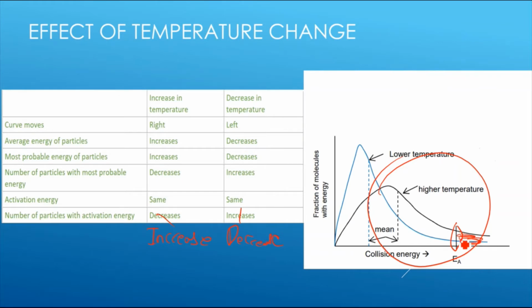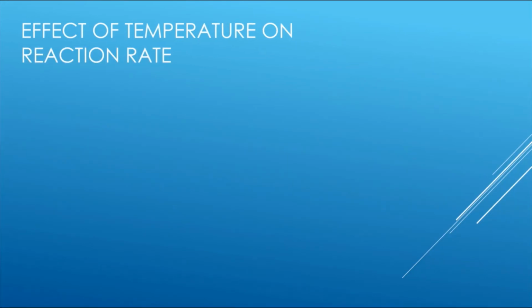So there's a bigger area, and area indicates the number of particles. So there's more number of particles under the activation energy curve. So that's why the number of particles with activation energy increases if you increase the temperature. Sorry for the mistype.